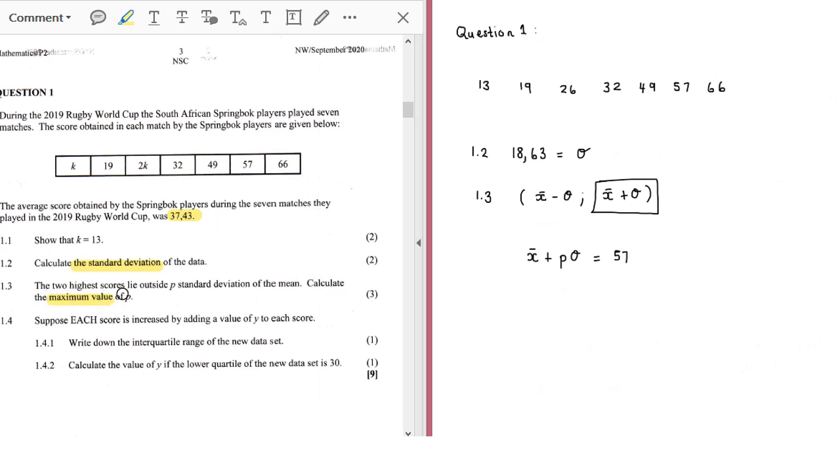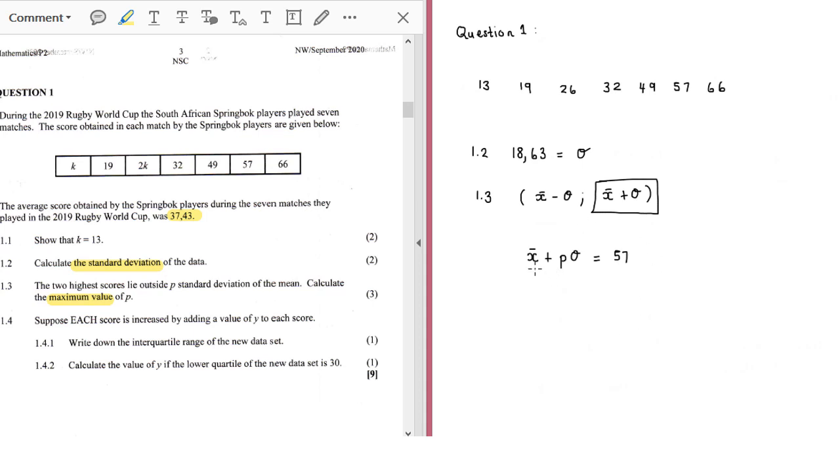It says the 2 highest scores, which are 57 and 66. We're told that those 2 scores lie outside of this interval. So if we want the maximum value of P, it makes sense to set this equal to the most immediate value outside of the interval, which in our case is 57.